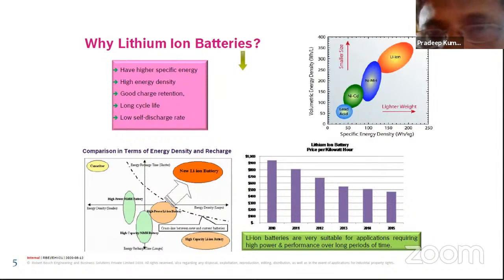But the problem with silicon is that whenever the battery undergoes charging and discharging, there is a volume expansion in the silicon, which will destroy the battery. So the idea is how to use a minimum amount of silicon. Tesla announced they have added some percentage of silicon, I'm not very sure how much, and they were able to get some additional energy density. They also changed the form factor of the battery.